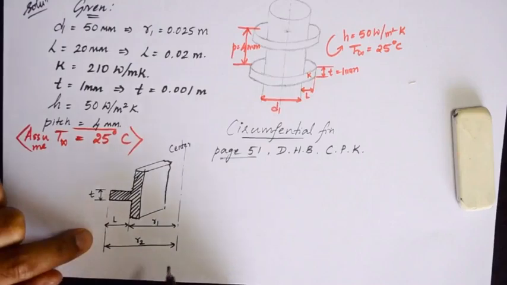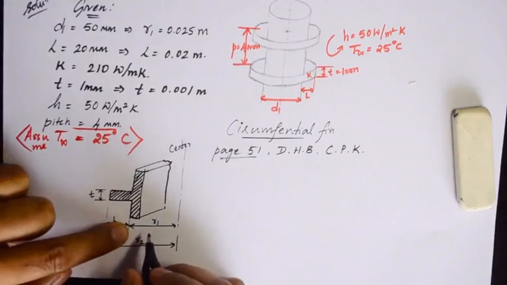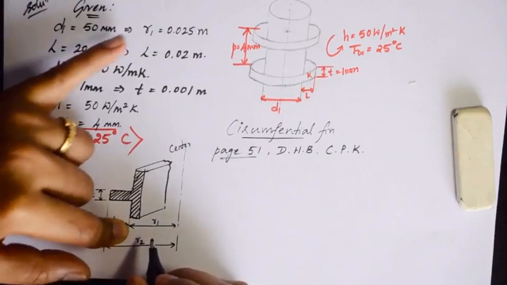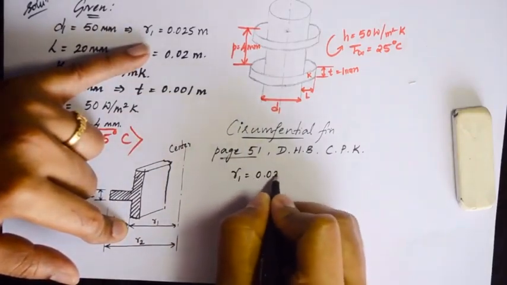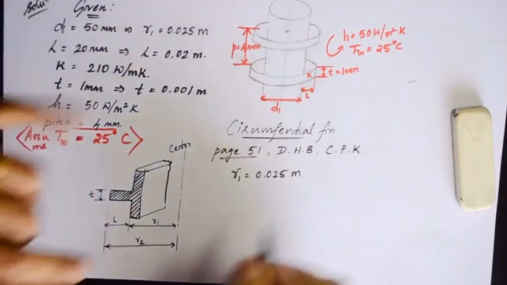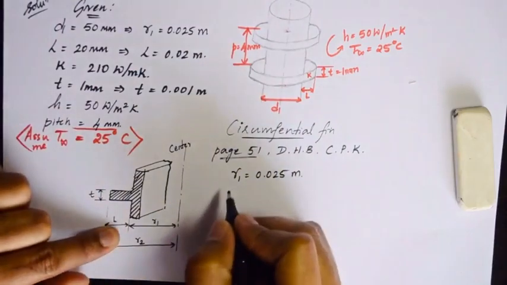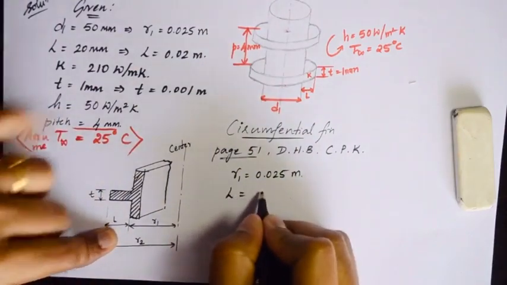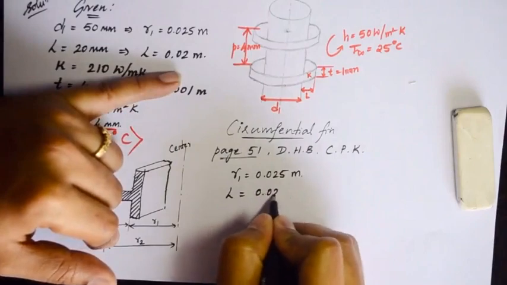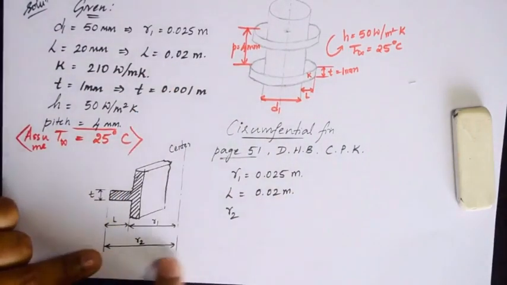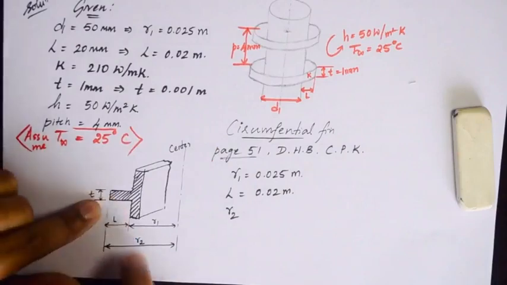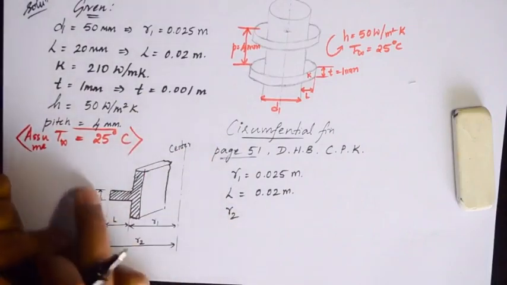So let us see what is the meaning of R1. R1 is directly the radius of the cylinder. The radius of the cylinder is already written here, which we have calculated. Then L is the length of the fin, which is also already given in the problem. Now to find R2: R2 is the radius of the fin from the center of the body to the tip of the fin.